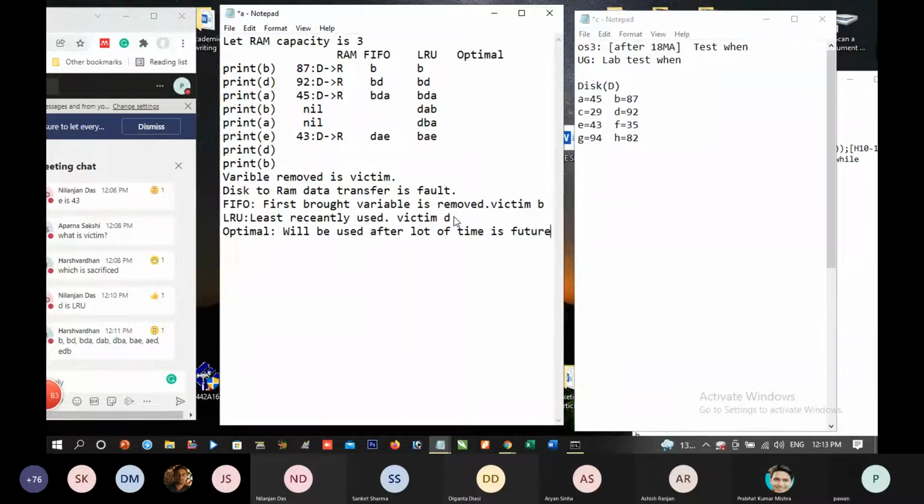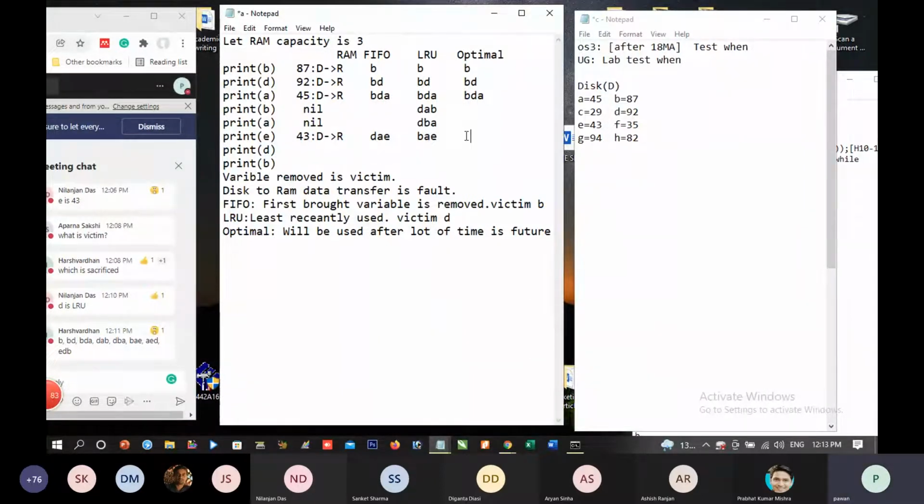Now, in optimal, what will happen? It is B, it is BD, it is BDA. Things remain as such. Now we see D and B will be used in future. And the use of A is not there in the future. A is not going to be used in the future.